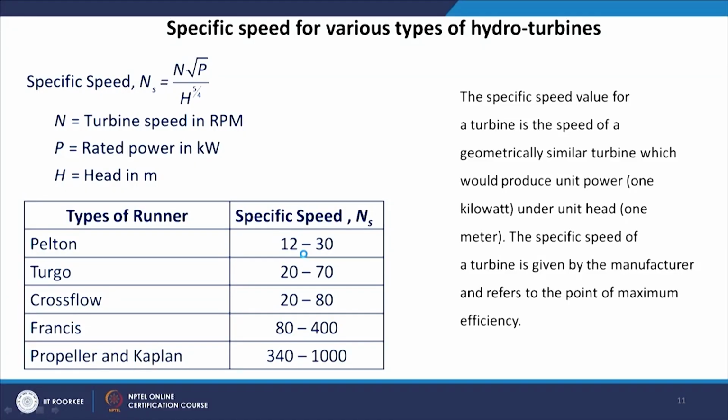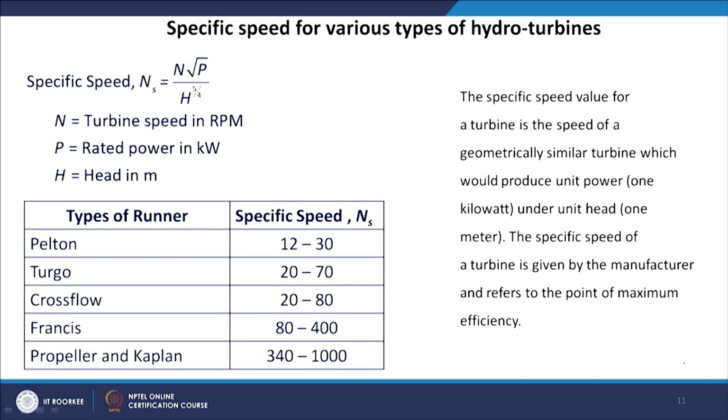Now, we will see how to get the information about the different types of turbines. We have some parameter that can be compared to guess the performance or efficiency of the turbines. That is called specific speed. So, that specific speed for various types of hydro turbines we will see here.